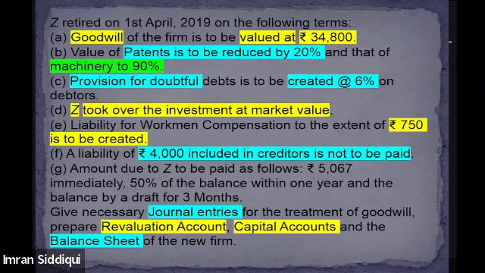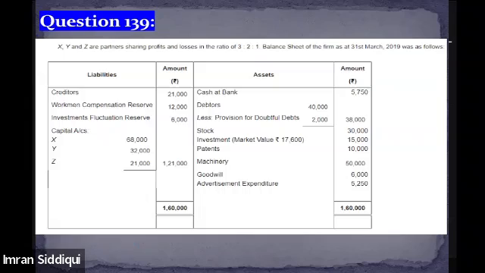Okay, see, it says that Z took over the investment at market value. What does this mean? This means that the retiring partner is taking the investment. You are able to see the value of the investment in the balance sheet on the asset side. So the book value of the investment was 15,000 only, but Z has agreed to take over this investment at the market value, and the market value is 17,600.